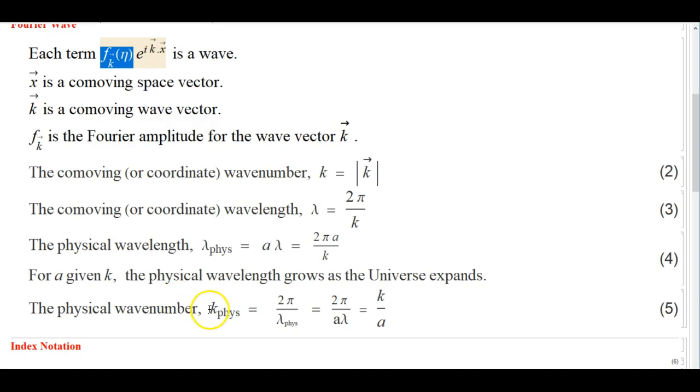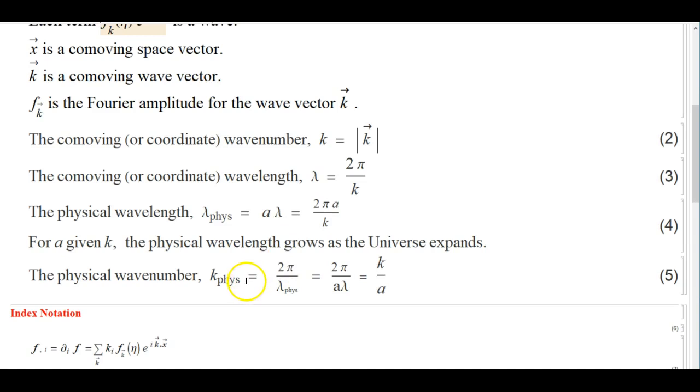The physical wave number k physical is equal to 2 pi over lambda physical, which is 2 pi over a lambda, equal to k over a, where k is the co-moving wave vector.